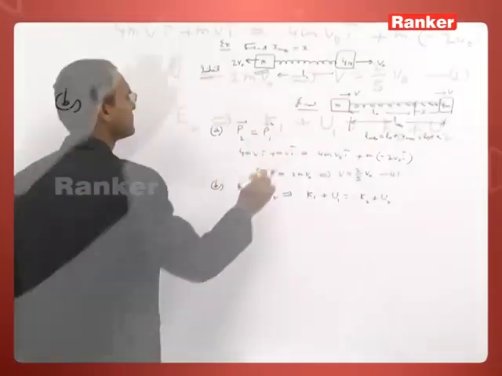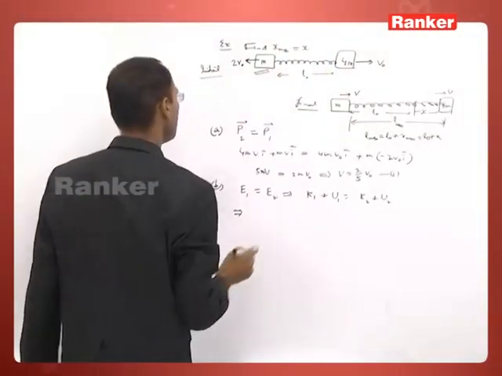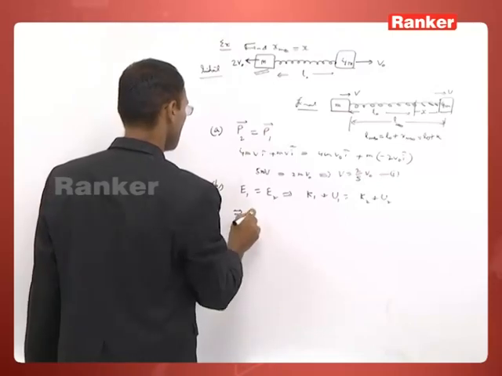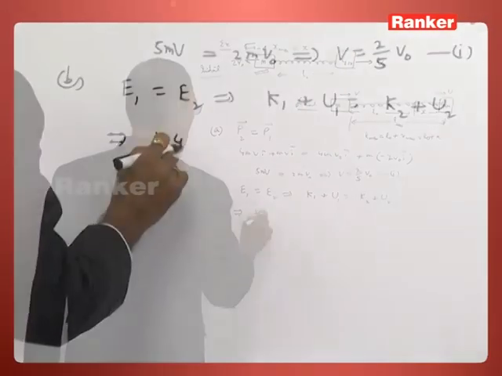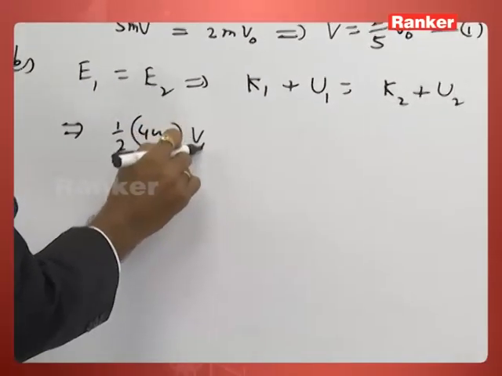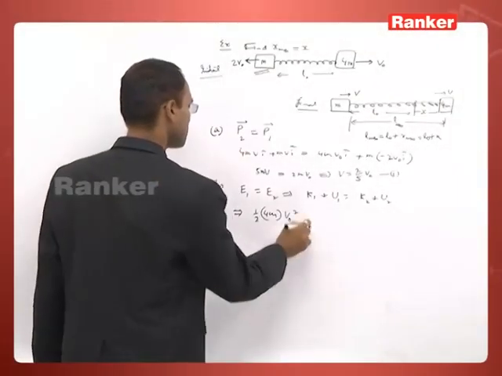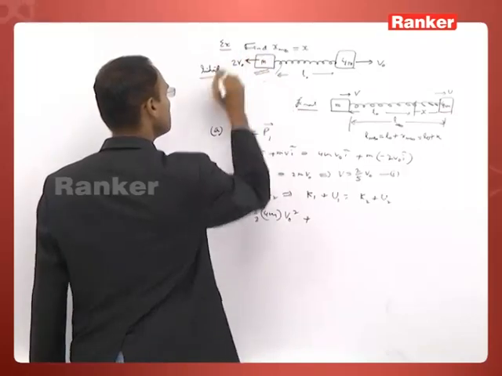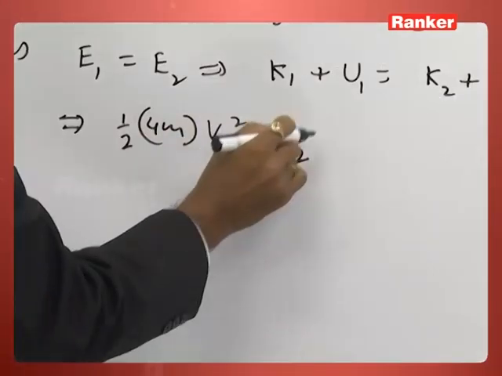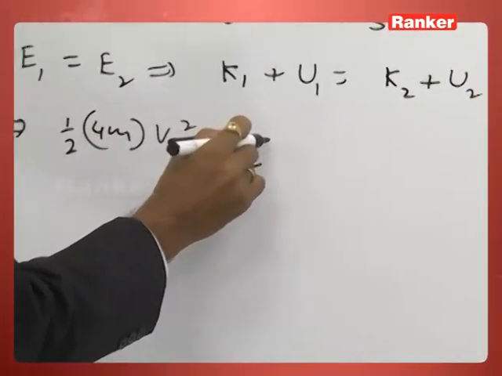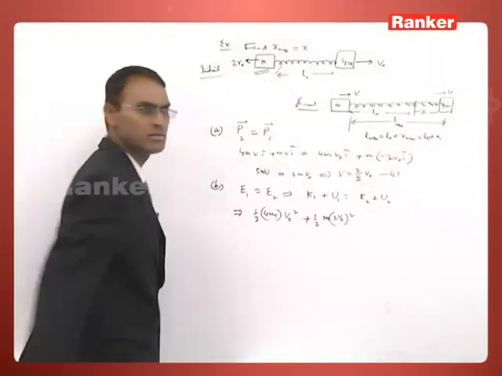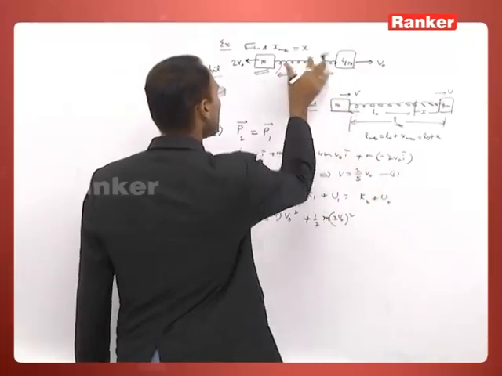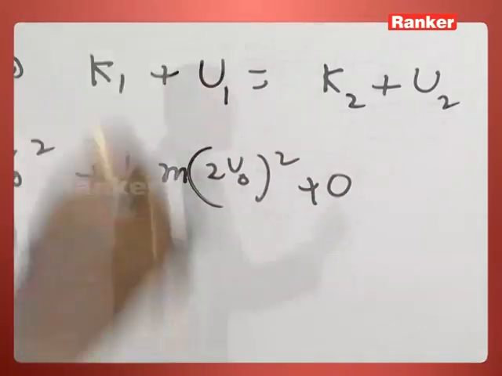Kinetic energy of the initial system is equal to kinetic energy of this block, half into its mass into its velocity square, plus kinetic energy of this block, which is equal to half into its mass into the square of its velocity. Since the spring is relaxed, no potential energy.